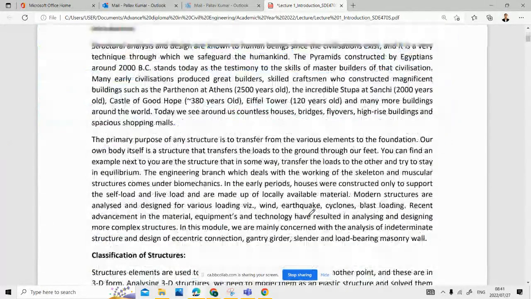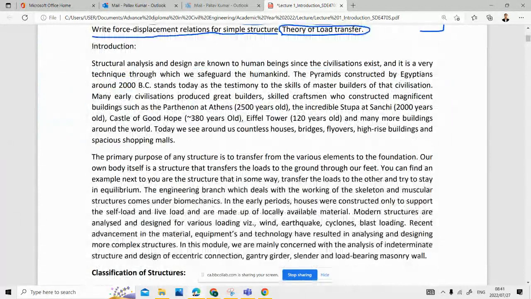So this is just an introduction about how, since the beginning of the human race, we have always tried to build something, right? Initially we didn't know theories, etc. But yes, we do know how to make them stable and how to make them stay for longer.